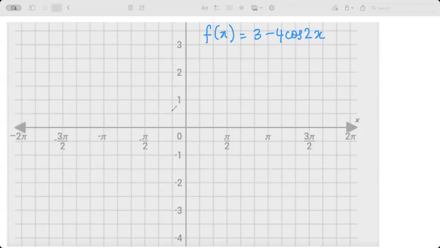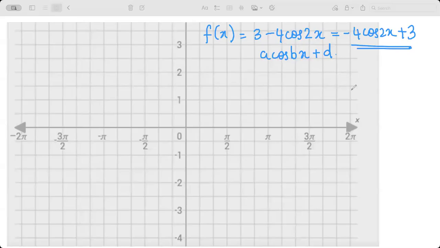See, guys, this one I really want in my standard format: A cos bx plus d, right? Let me rewrite it as minus 4 cos 2x plus 3. This is the best way. Now let's start writing our parameters. What is the first parameter I can write?